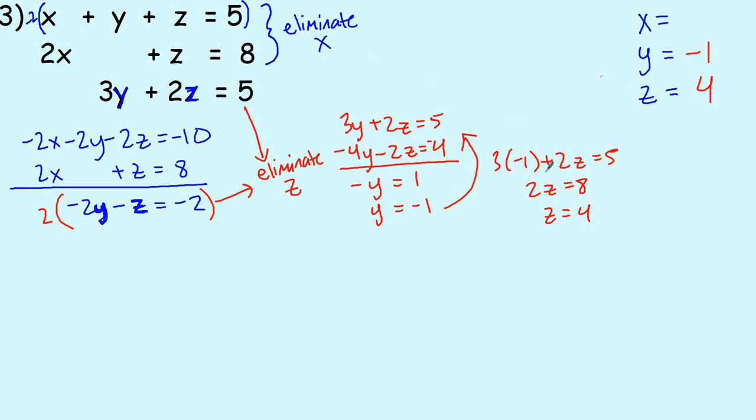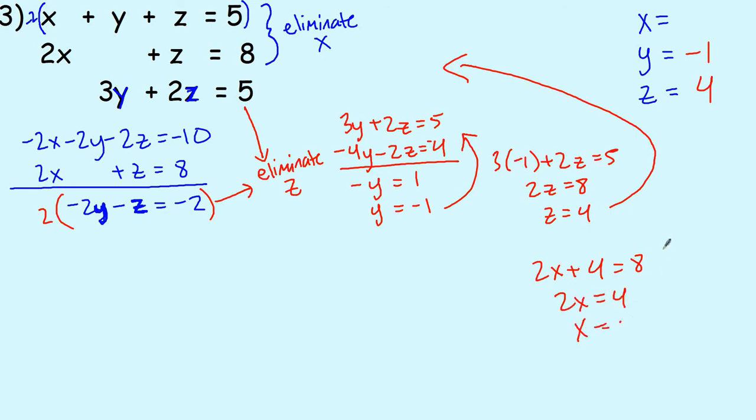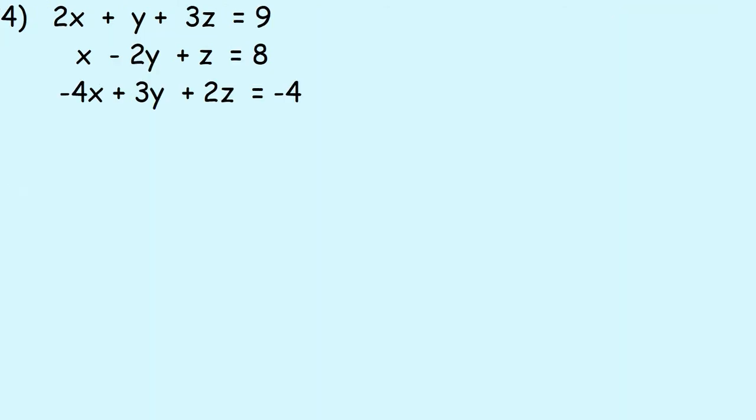Now that we have z, we can plug it in to one of the other equations. Doesn't matter. First one, second one, third one of these, doesn't matter. I like this one because I want to get x. So let's do 2x plus 4 equals 8. And we get 2. I know, that was weird. Let's keep doing it.